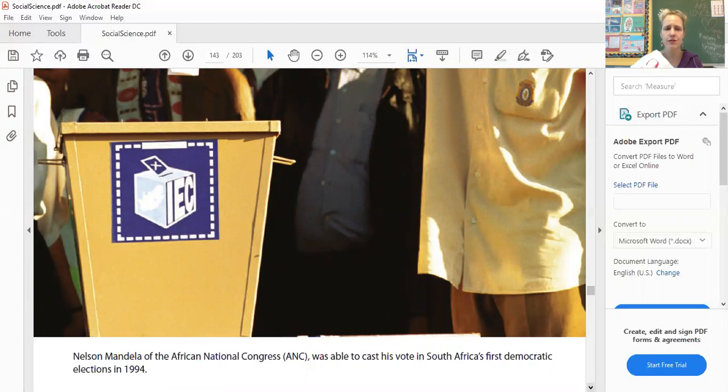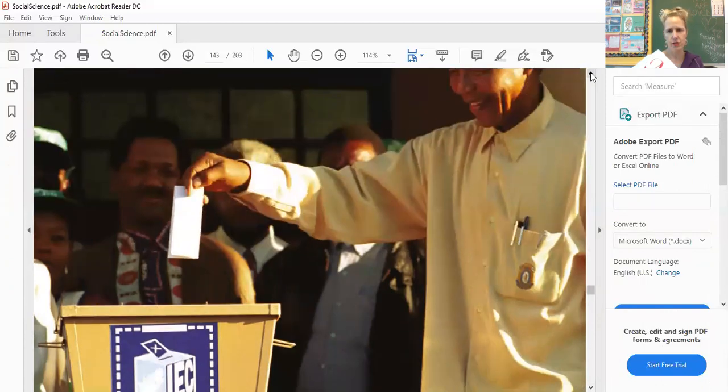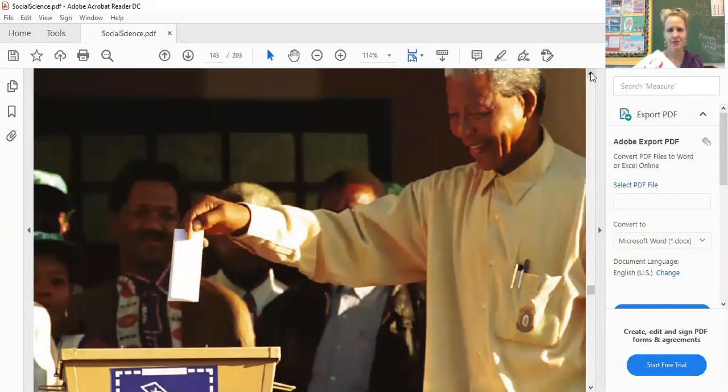And what does it stand for? Independent Electoral Committee. So they organize the elections and all the ballots and the boxes and the screens and the little place that you stand when you put your cross and you put your vote in. And that is Nelson Mandela putting in his first vote ever. Wow.